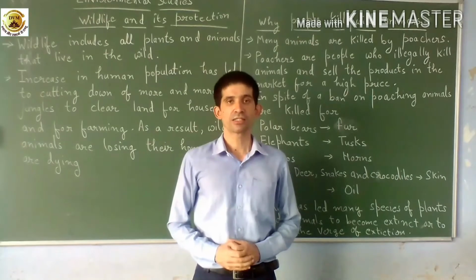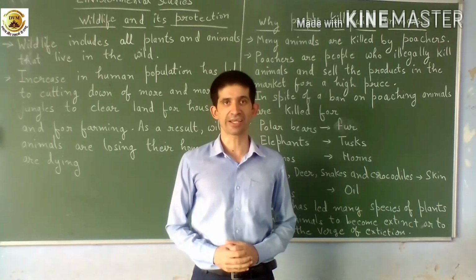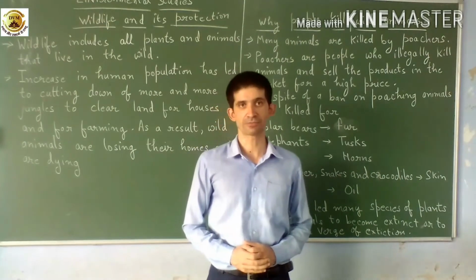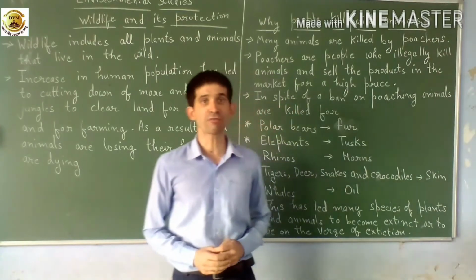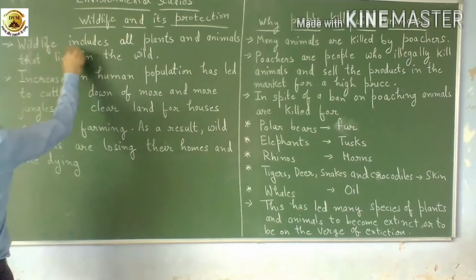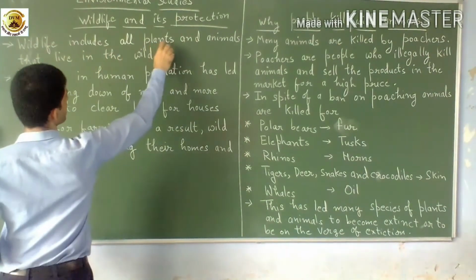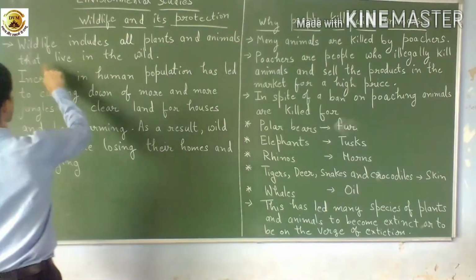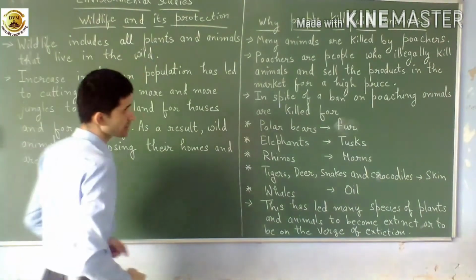Students, the first question related to this topic is what is wildlife? So let's understand the meaning of wildlife. Wildlife includes all plants and animals that live in the wild.